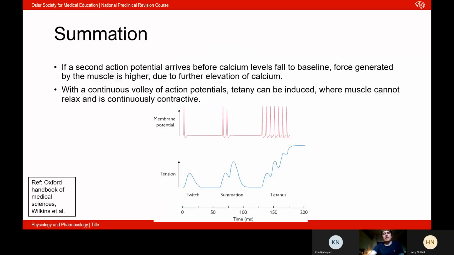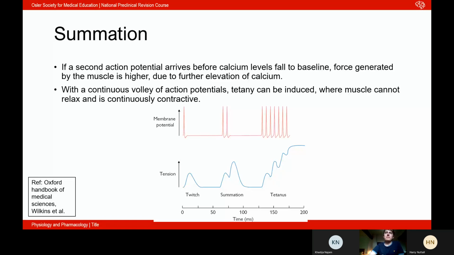So there are some important functional consequences of these processes in terms of how contraction is realized. First of these I want to consider is summation. If lots of action potentials arrive all at once, then the calcium doesn't return to its baseline level in the muscle cell before the arrival of the next action potential.